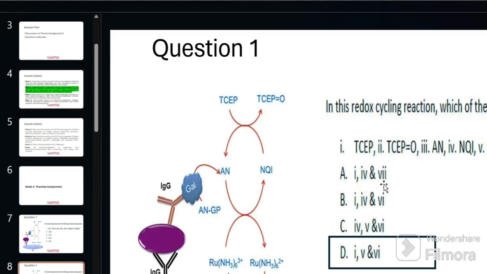Then TCEP, again, is a reducing agent. It is the main reducing agent used in many reactions, so TCEP is also a starting material. And since we want ruthenium to give away an electron so that we can detect the reaction, Ru 2+ is the starting material.